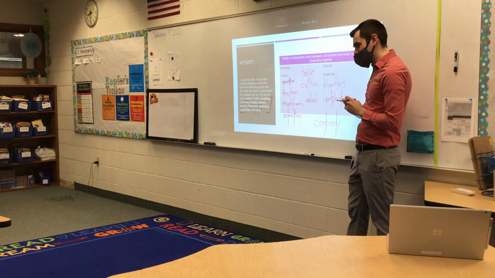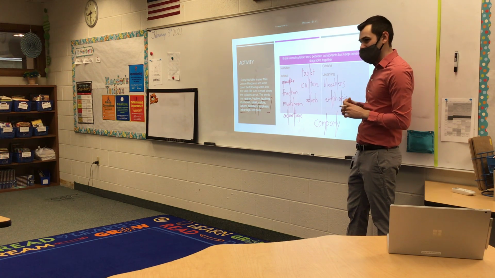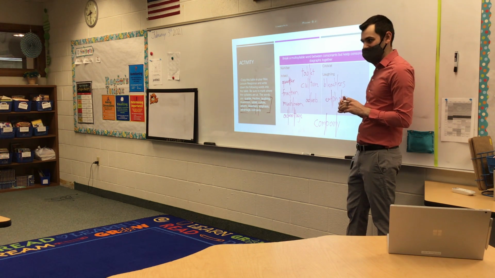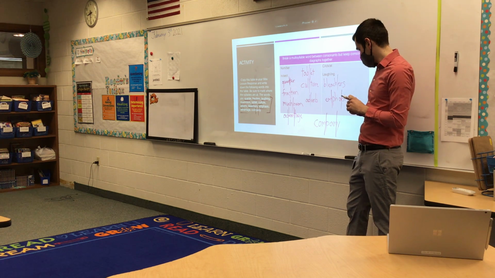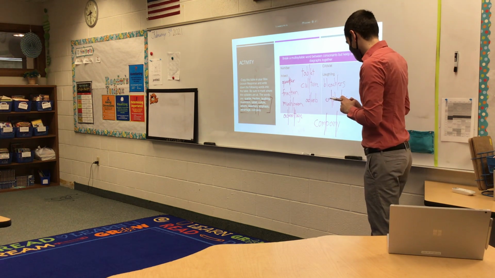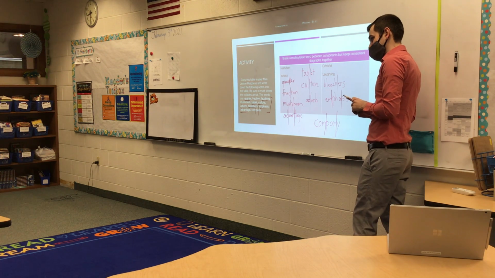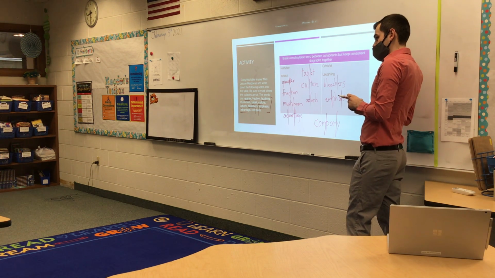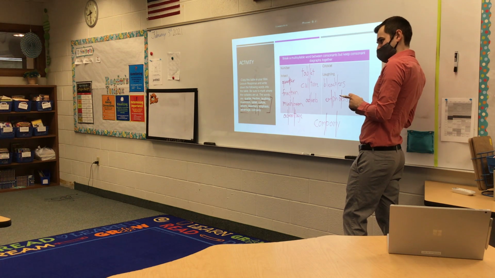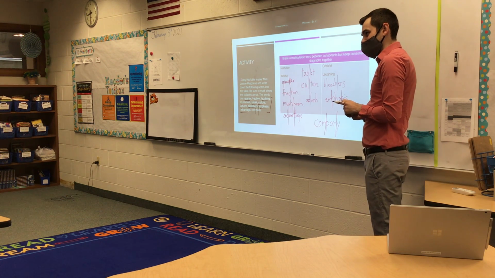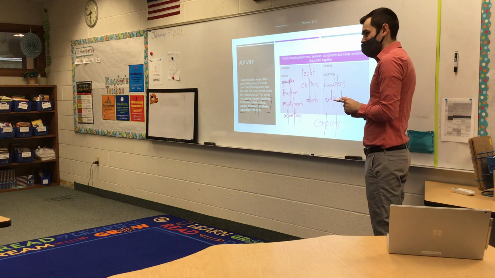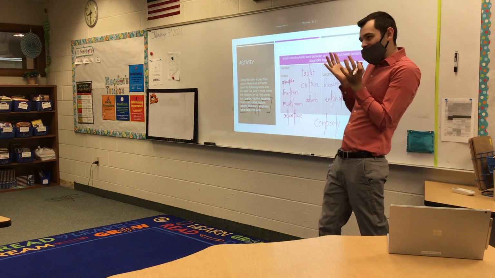Why does it go on the right side? What do you think? It's one of the trickier ones. Kate? It's on the right side because the Y is technically a consonant. It makes the E sound. Is E a consonant sound though?